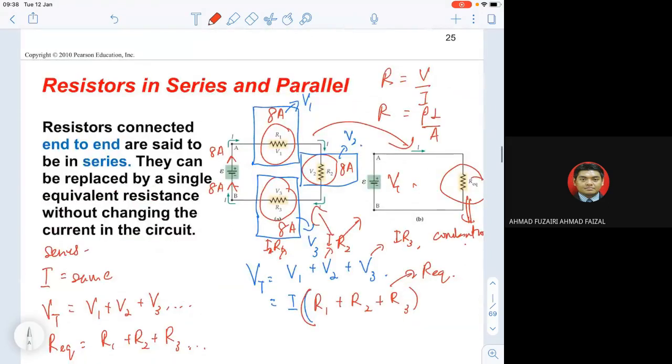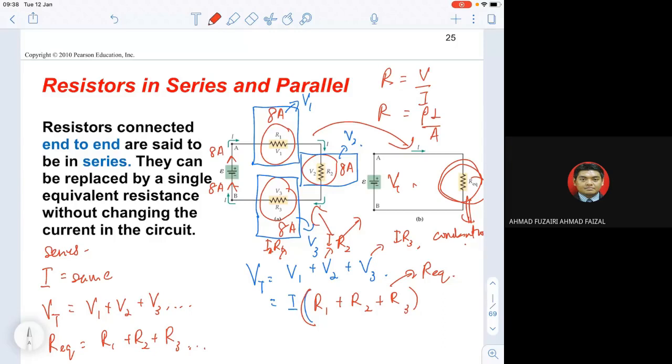Let's look at the examples here. So we have three resistors in series, and the last part will be here, R equivalent, also in series. When we combine R1, R2, and R3, then we can have R equivalent. EQ means equivalent. R equivalent means we replace all of R1, R2, and R3 with only one single R equivalent.